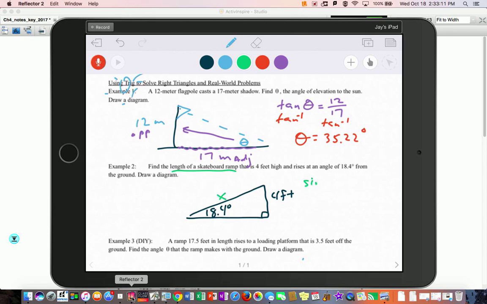So I'm going to do the sine of 18.4 is equal to opposite over hypotenuse. And again, you see the x on the bottom, so we would multiply by x to get rid of it. Now divide by the sine of 18.4 on both sides.